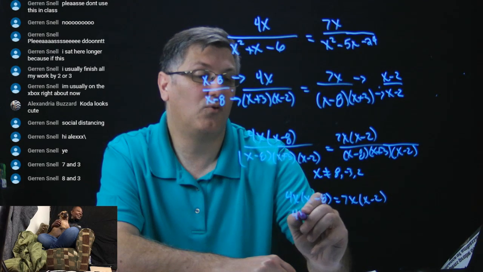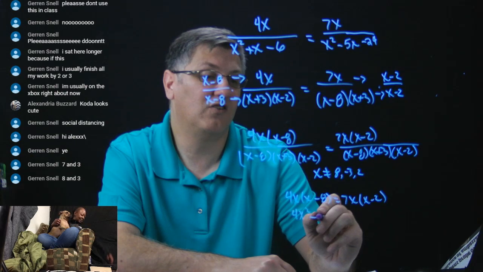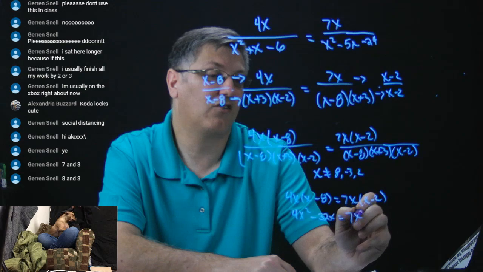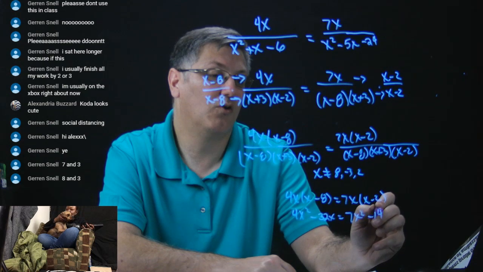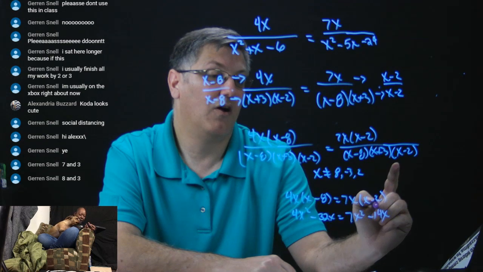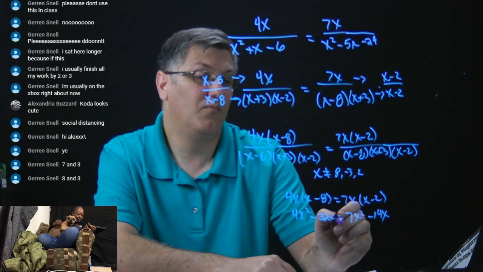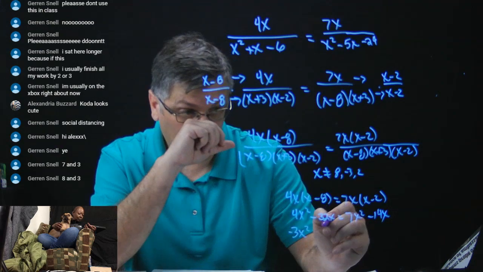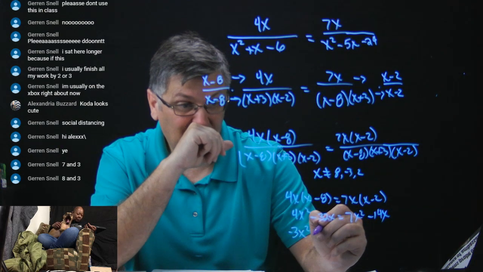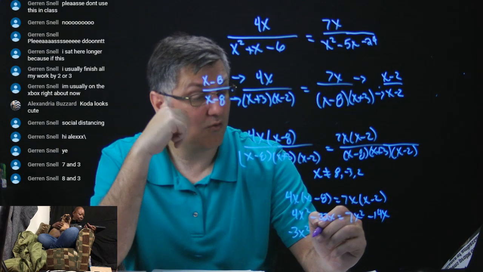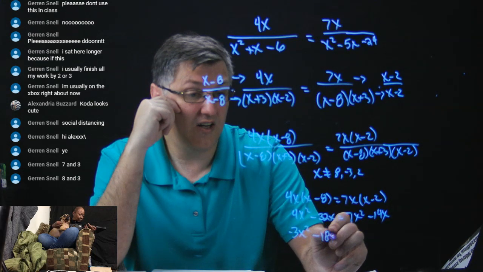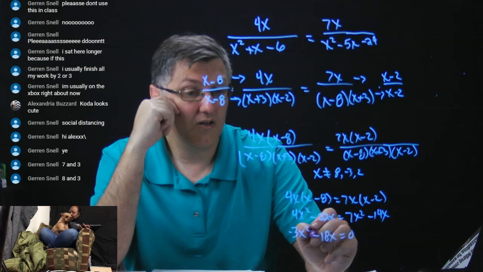This gives me 4x squared minus 32x equals 7x squared minus 14x. Let's put everything all on one side. So I've got negative 3x squared minus 18x equals 0. Factor.